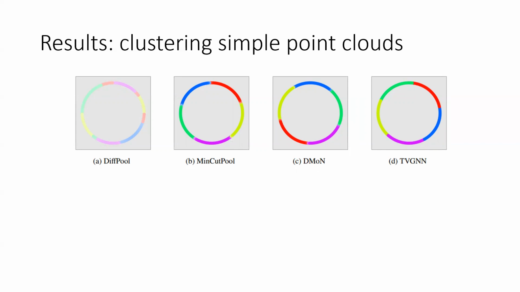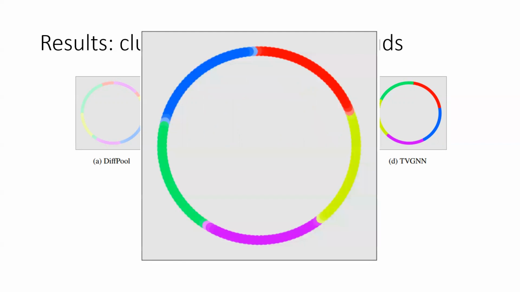In DiffPool, everything is very transparent, since the highest cluster membership is always low. Also, the cluster assignments are generally broken and not very consistent with the graph structure. In MinCutPool and DMoN pool, things look pretty much okay, but if we look closer, we see that the colors are brighter on the nodes close to the cluster edges.